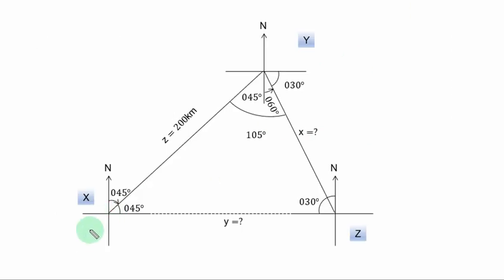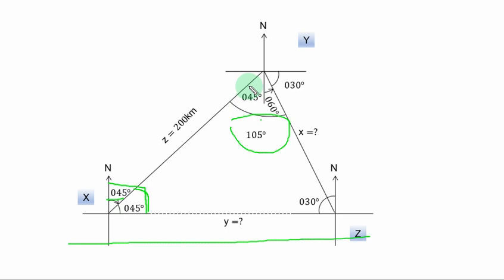You have the diagram as I have explained, with all the angles and sides labeled. You can see 105 degrees. The given direction of town S to Y, 045 degrees. The whole of this quadrant is 90 degrees. The remaining angle must be 45 degrees. This angle here is equal to this angle.